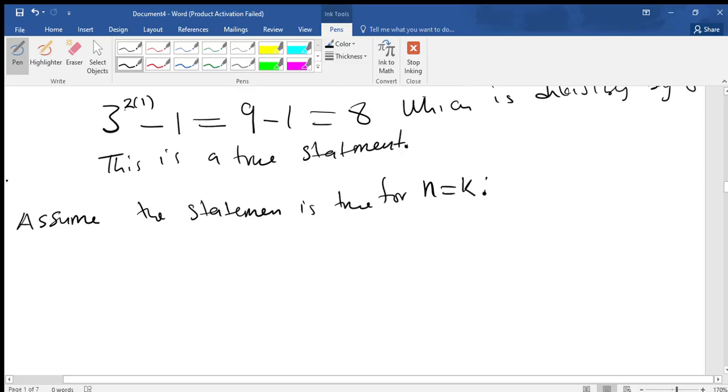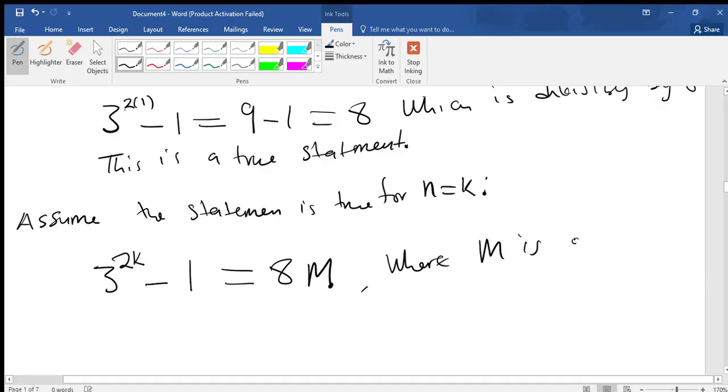We are going to have 3^(2k) minus 1 equals 8m, where m is an integer. So every time you introduce your m, define what your m is. Very important. Where m is an integer. So this is what we are going to have.